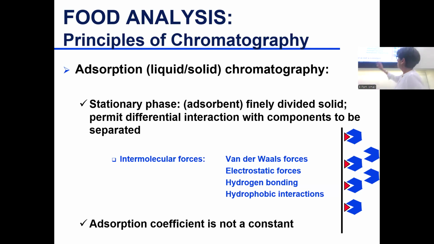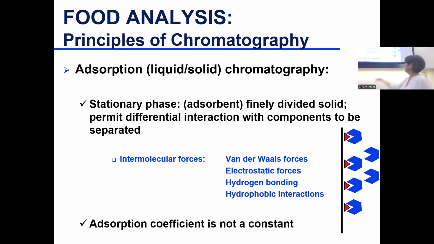And the interactions are via non-covalent interaction. So we need interaction. If we don't have interaction, we won't get separation. And the interactions are non-covalent. If you have covalent interaction, we can't take it out. It's irreversible, or we have to use strong measures to break covalent interactions. We don't do that.